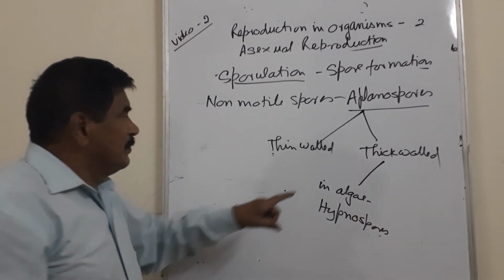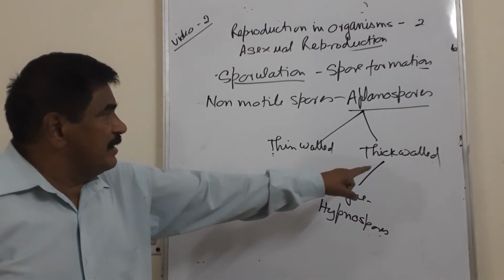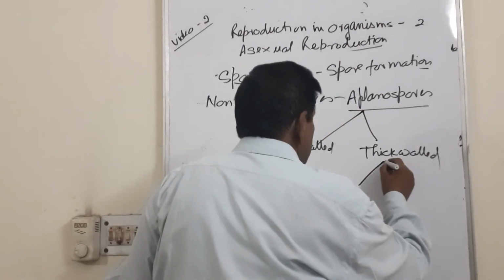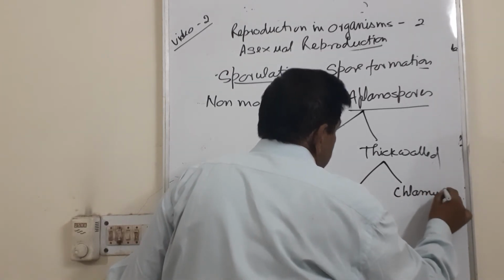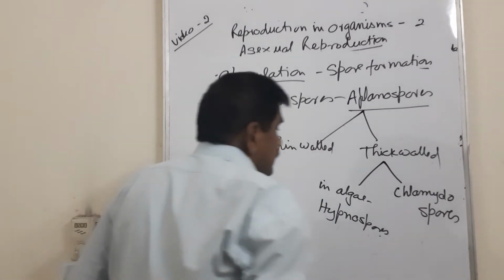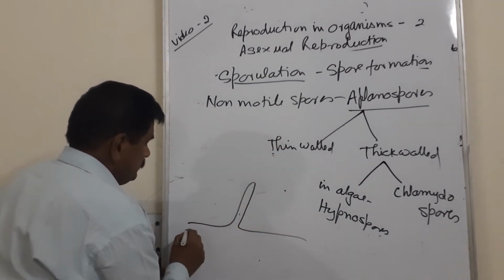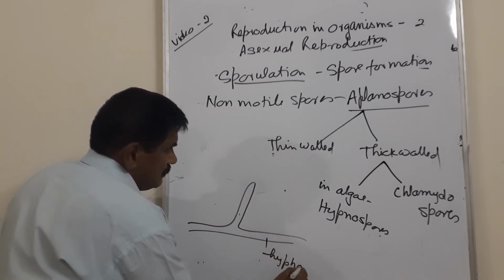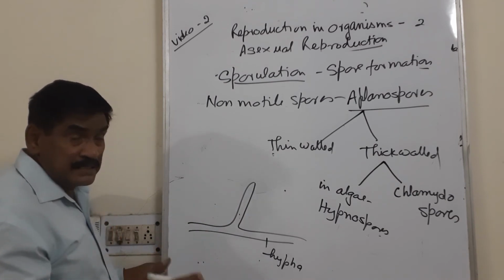In algae, the thick wall spores are called hypnospores, and in fungi, they are called chlamydospores. So in fungi, you see, this is the hypha, and this is a branch that bears chlamydospores.